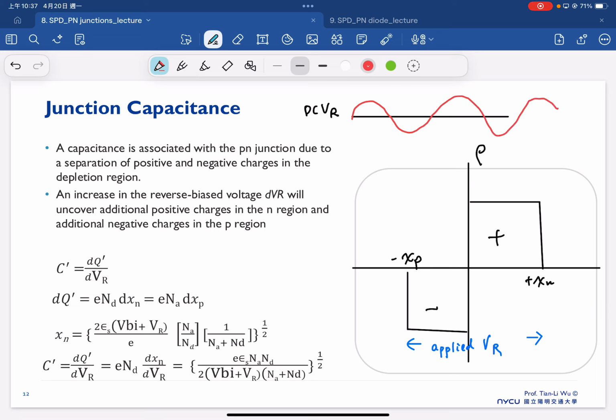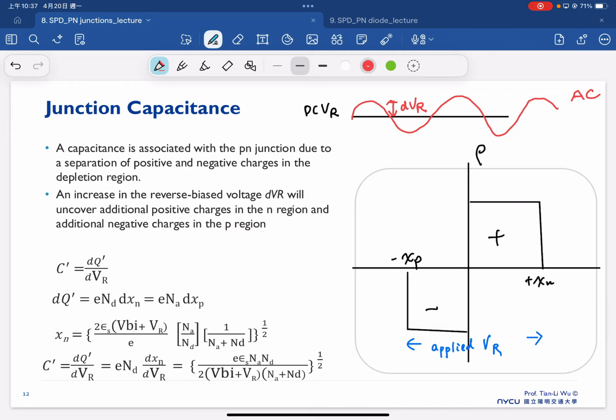So the total applied bias should consider DC plus AC. And in a certain region, we have this dVR, which mainly comes from the AC.